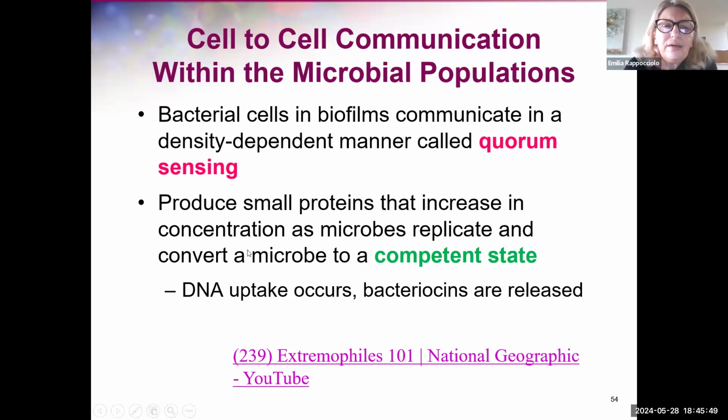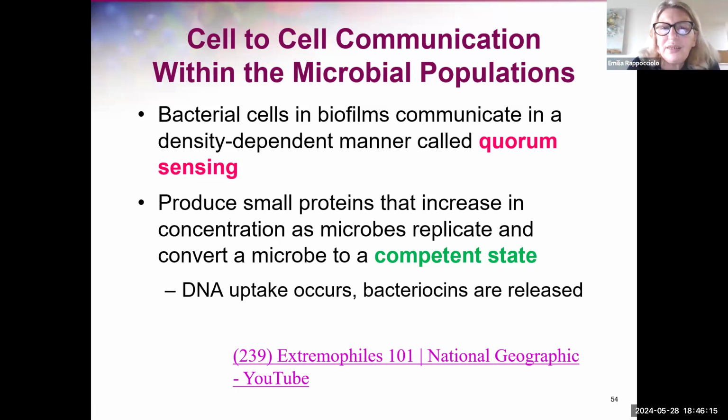And when they do that, they change the behavior, the status of the microbe, and the microbe becomes what we say competent. Competent, what does it mean, competent? Competent means to be able to do something, yeah? And in this case it is to be able to accept things like DNA.